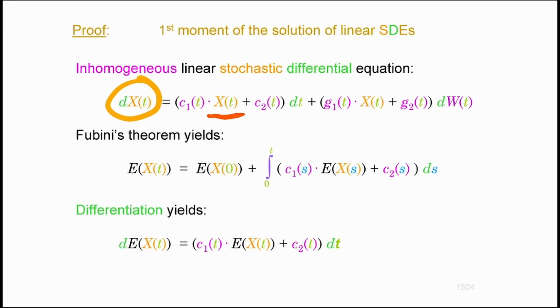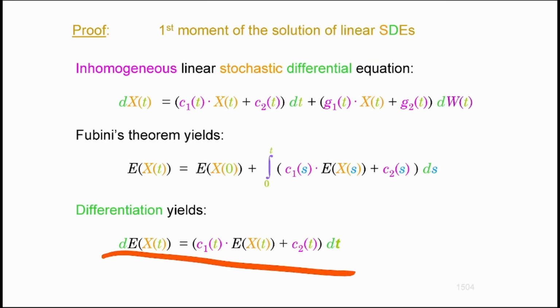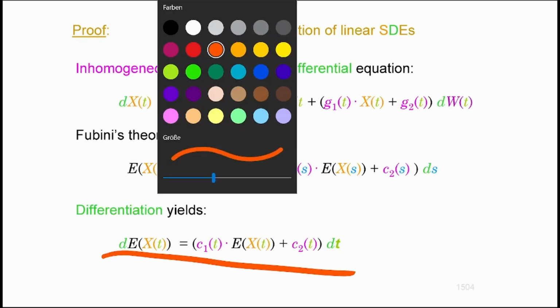And that's it. So that's basically it. And guys, this is a deterministic differential equation, which is inhomogeneous. And we were addressing its solution already. And that will be solving it for the expectation.